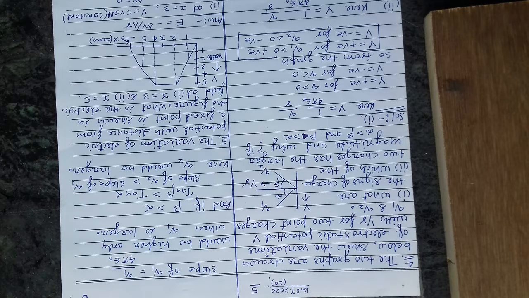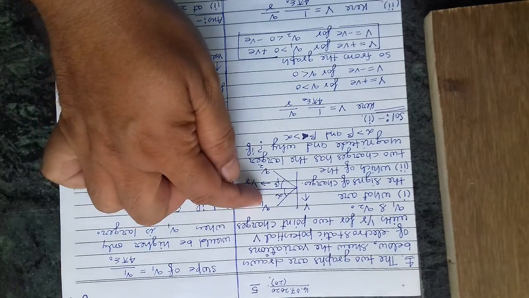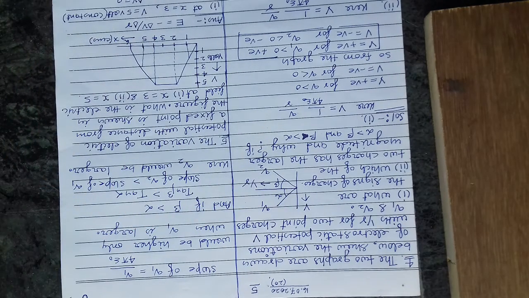Okay. So your next problem is: two graphs are drawn below showing the variations of electrostatic potential V with 1/r for two point charges Q1 and Q2. You can see this is the graph drawn between V and 1/r for Q1 and Q2 charges, right?